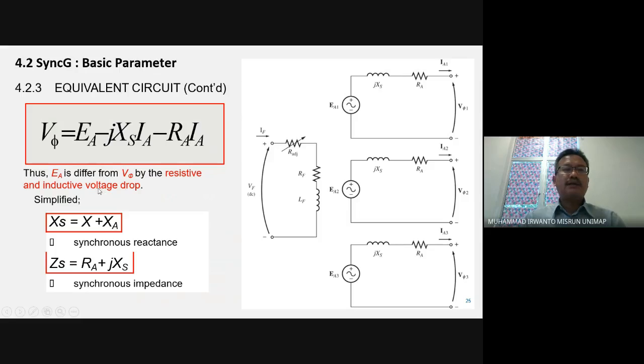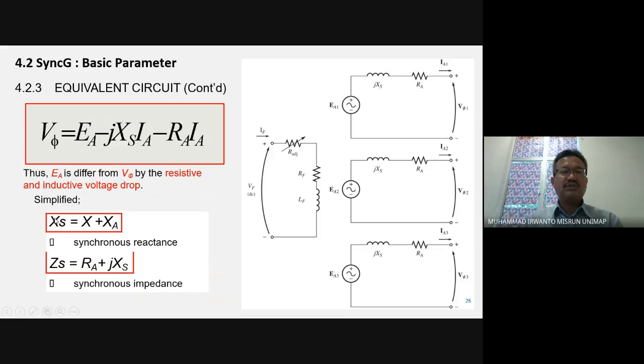Now we can see here that EA differs from V phase by the resistive and inductive voltage drops. This one is the resistive voltage drop, this one is the inductive voltage drop, and here is the internal generated voltage. If you want to simplify it like before, Xs equals X plus Xa, which is the synchronous reactance.